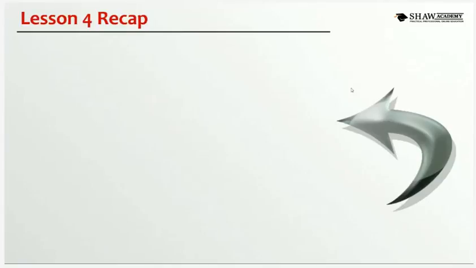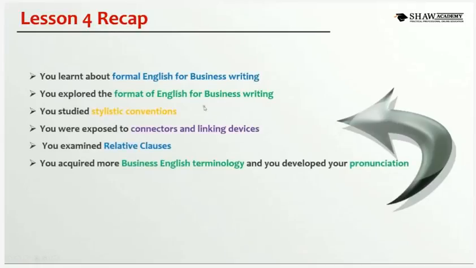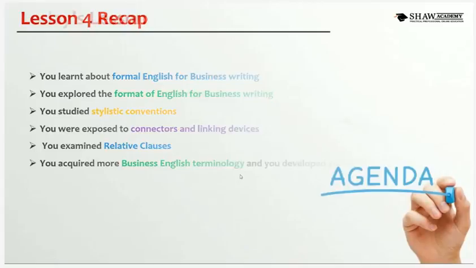We looked at formal letters and emails, and we kept building our business English terminology and focused on pronunciation throughout the lesson. So formal English for Business writing, the structure or format, style, connectors or linking devices, relative clauses, and the terminology and pronunciation, as you all mentioned.